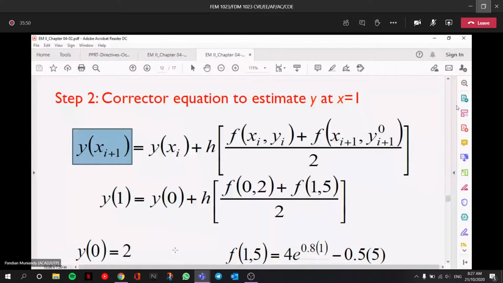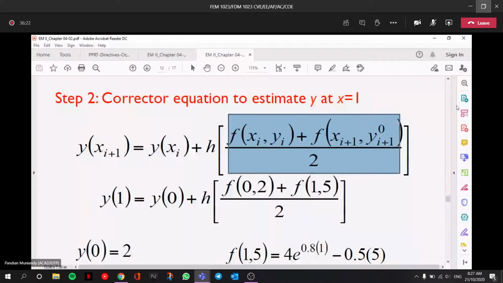Now this one, hf, the initial x is 0, initial y is 2. This is (0, 2). And the next x is 1. The next y, this y0, is 5. This is f(1,5). This is the problem class. This one, f(1,5), is i plus 1. This is i. You have to recognize this carefully. They are not the same.